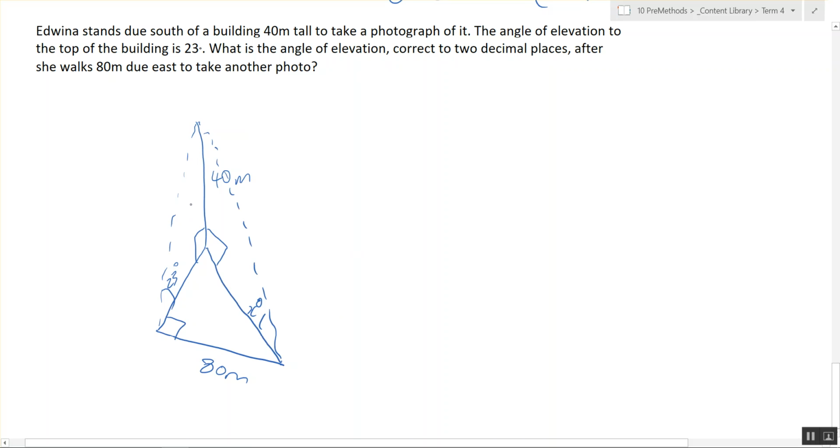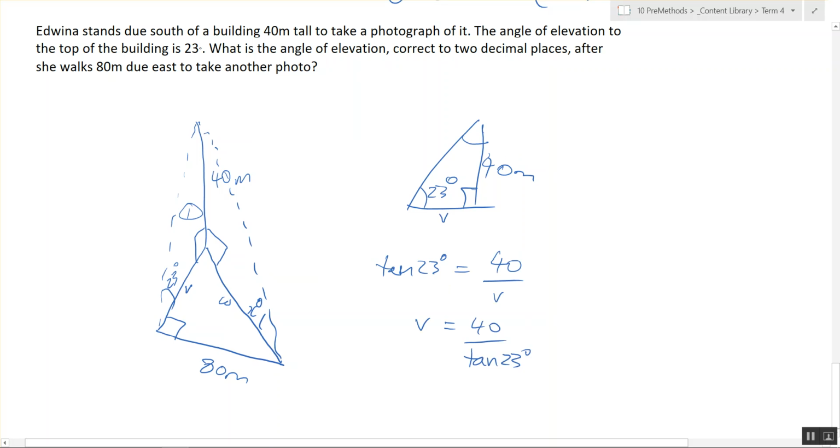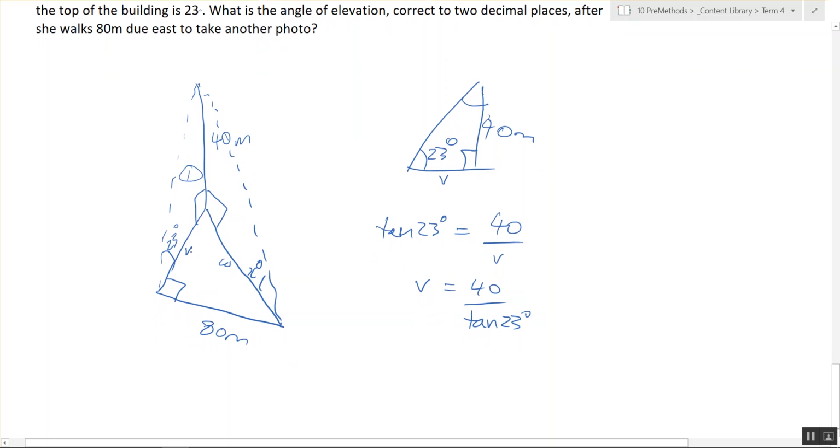Let's do the first triangle here. 23, we have 40 degrees, and let's get this bottom side, let's call it V. Okay? Now we've got V, so we have that side and that side, it's right angle, so we can use Pythagoras.